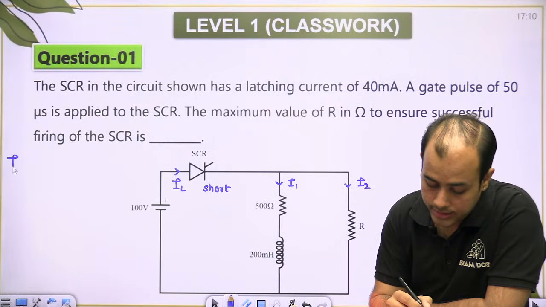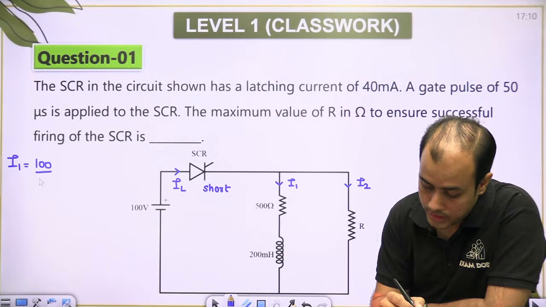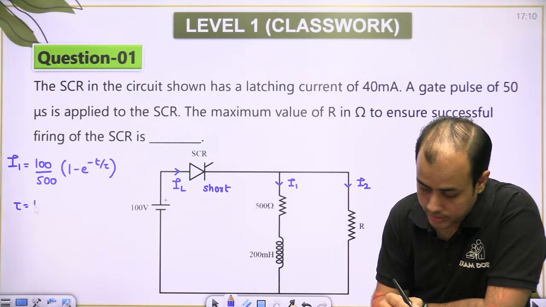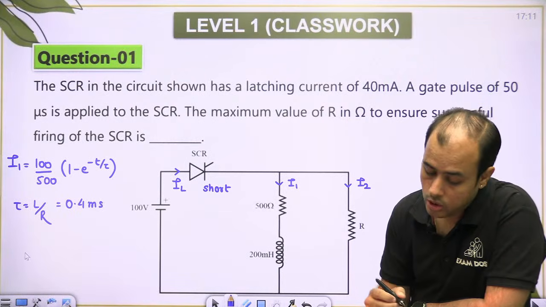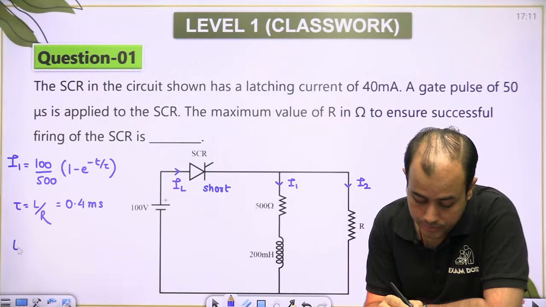I1 is the RL circuit, so the current is V by R times 1 minus e to the power minus t by tau, a charging RL circuit where tau is L by R, 0.4 millisecond. Now you are applying a pulse of 50 microsecond.